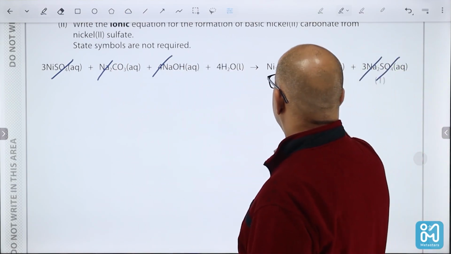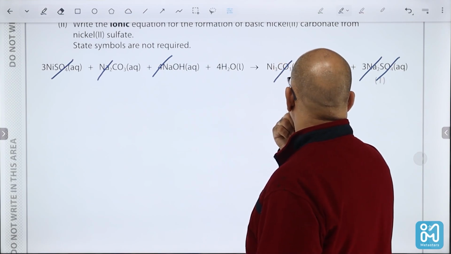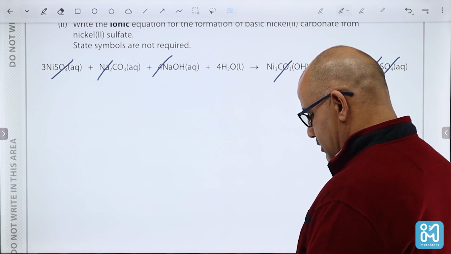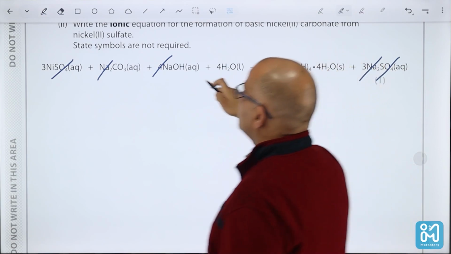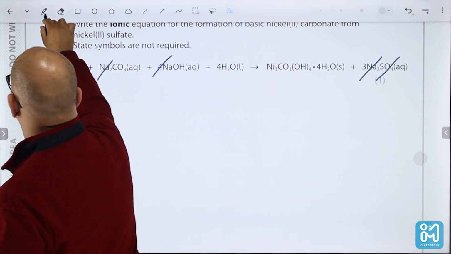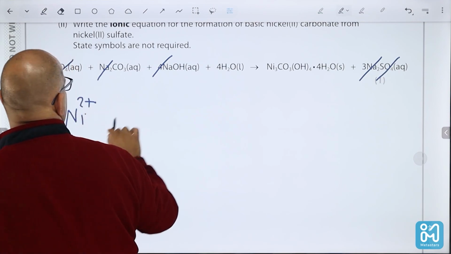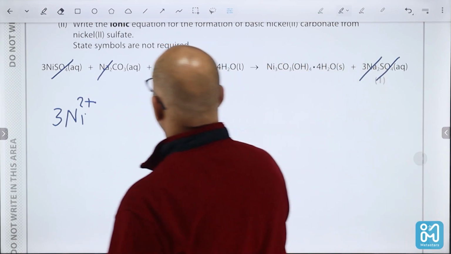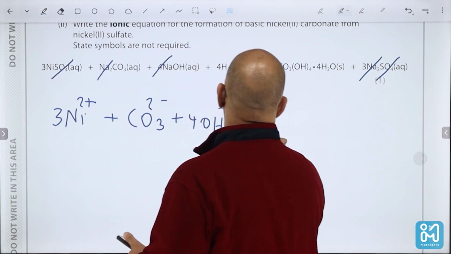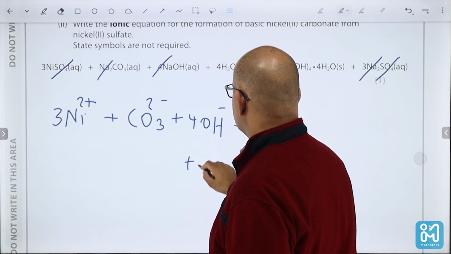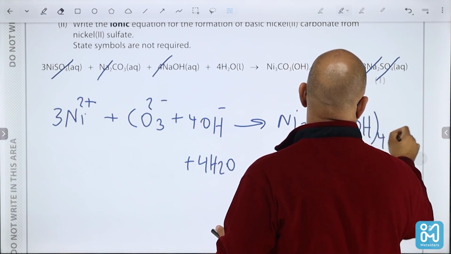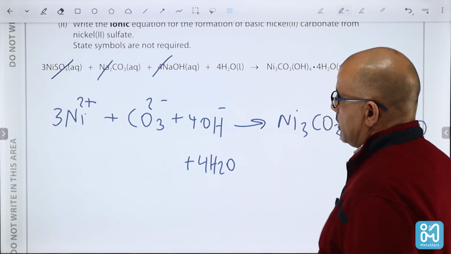The carbonate was also cancelled, and at the end you will find this is a precipitate. So the overall equation: 3Ni positive 2 plus CO3 negative 2 plus 4OH negative 1 plus 4H2O gives Ni3CO3(OH)4·4H2O solid.